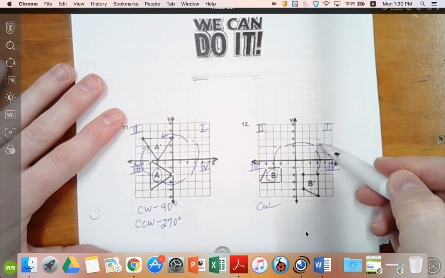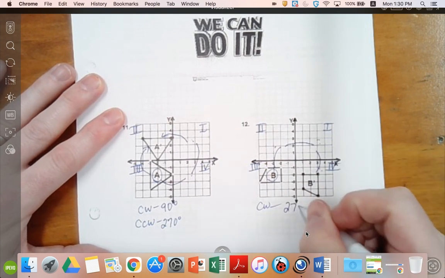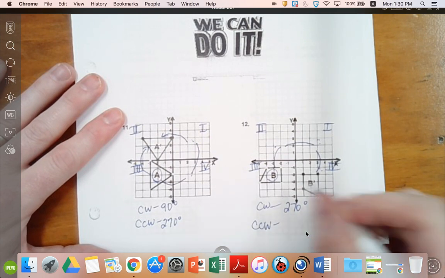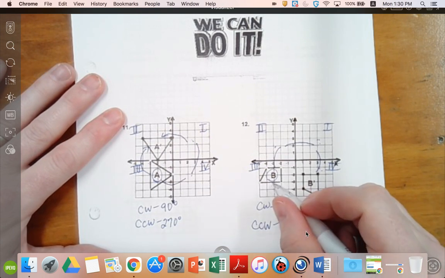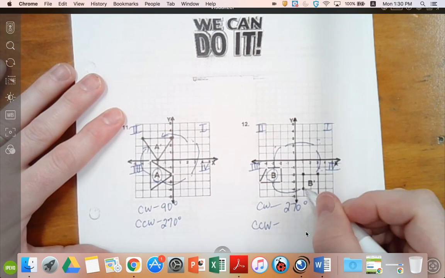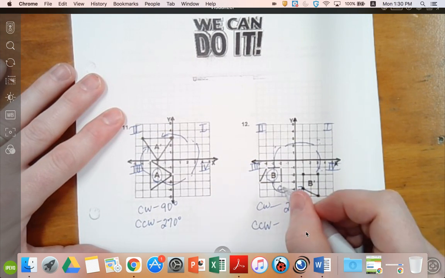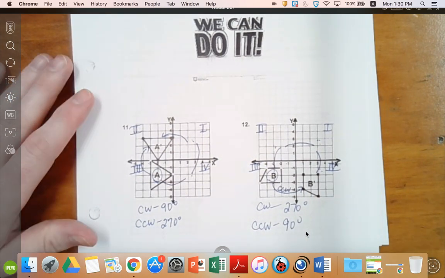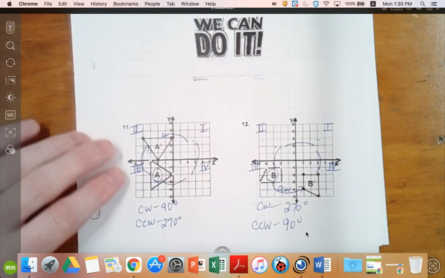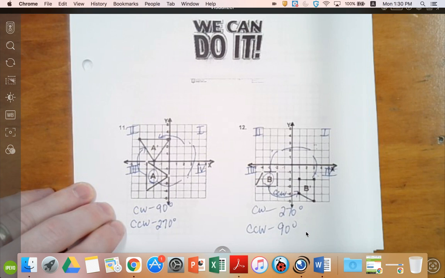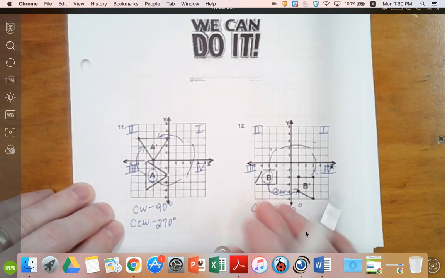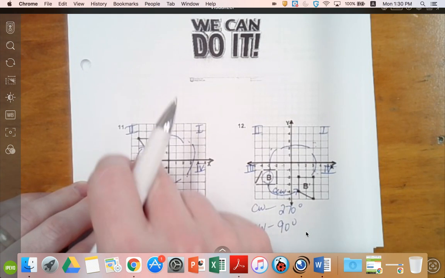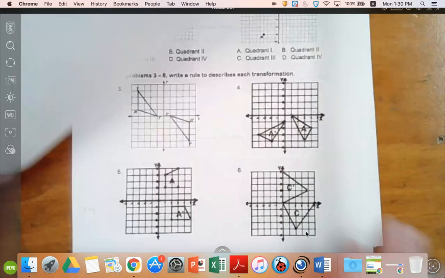So that's 1, 2, 3 jumps, 270 degrees. Counterclockwise would just be the opposite way, which would go from 3 to 4, which would give me 90 degrees because it's just 1 turn. Okay? So there is that lesson there. So you're basically just telling me the rules or how it moves, where it's going to be. And remember, we never change the size or the shape of these objects.